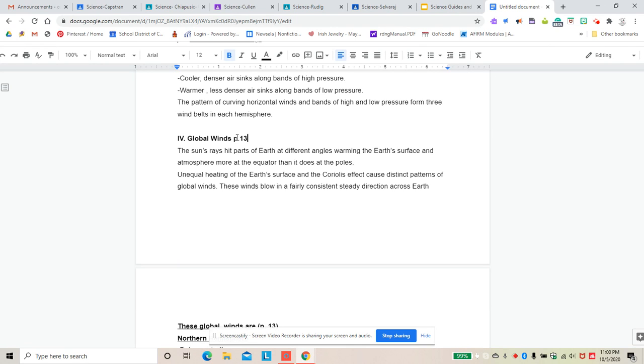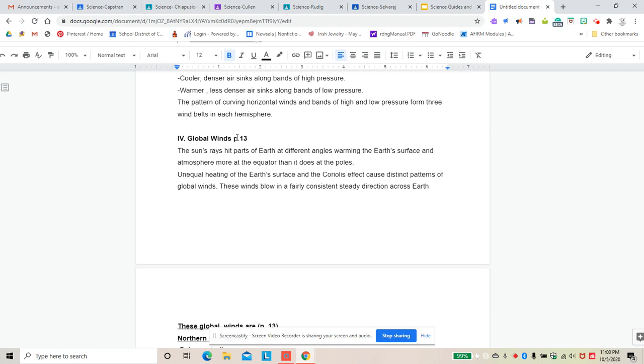This unequal heating of the Earth's surface and the Coriolis effect causes distinct patterns of global winds. These wind patterns blow in fairly consistent, steady directions across Earth. Each global wind pattern has a specific name.